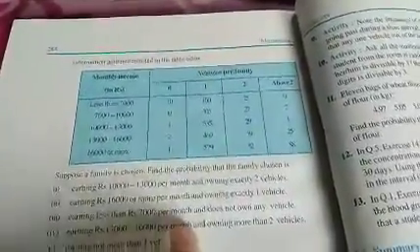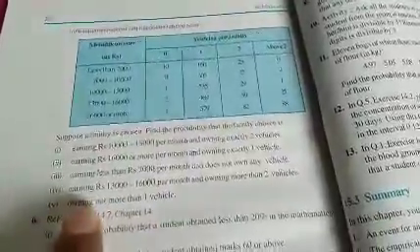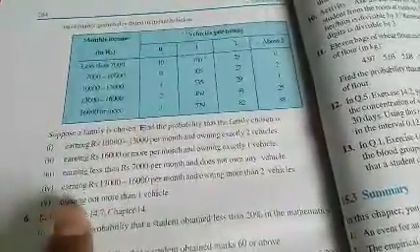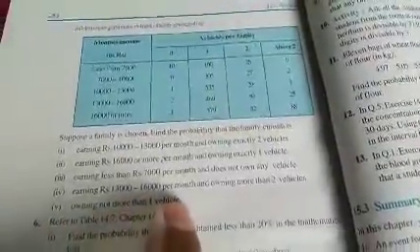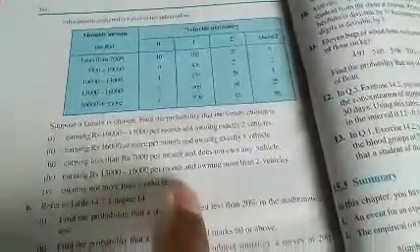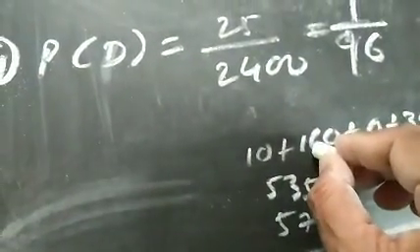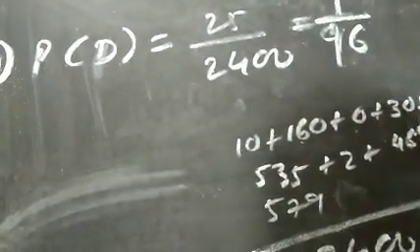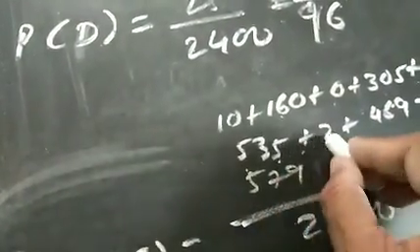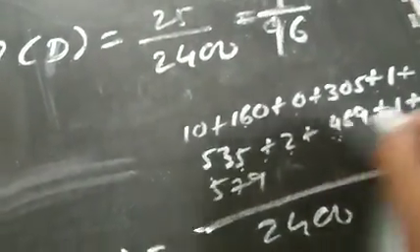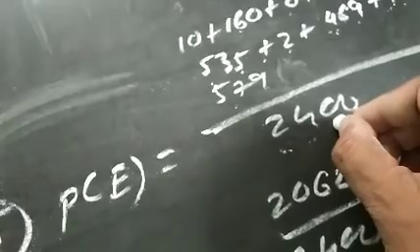Let event E denote the probability of a family owning not more than one vehicle. The number of trials in which event E occurs, I write here: 10 plus 160 plus 305 plus 535 plus 469 plus 579, upon the total number of trials, 2400.